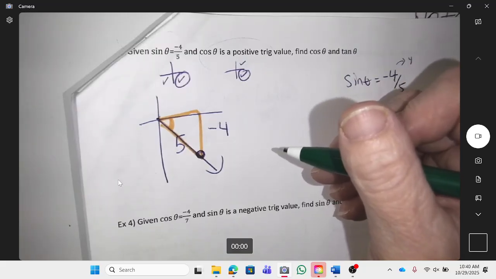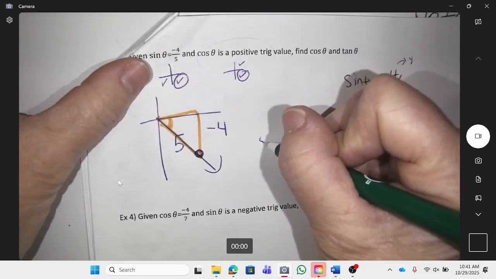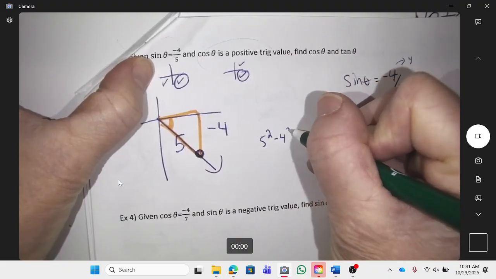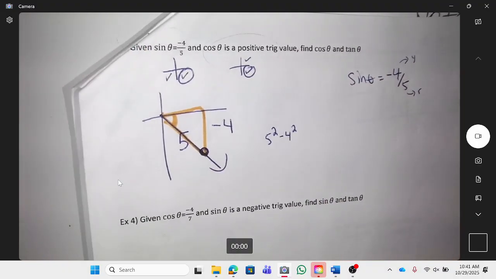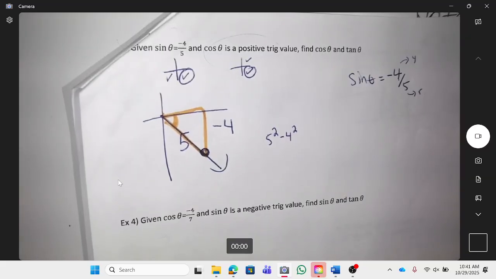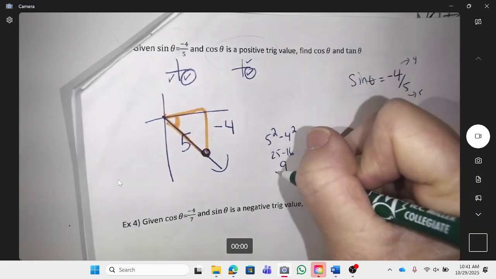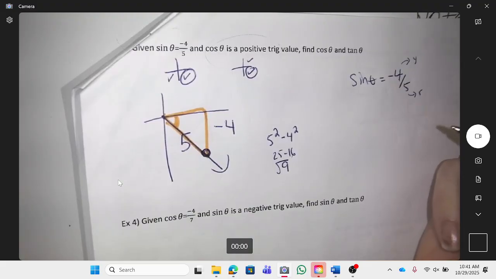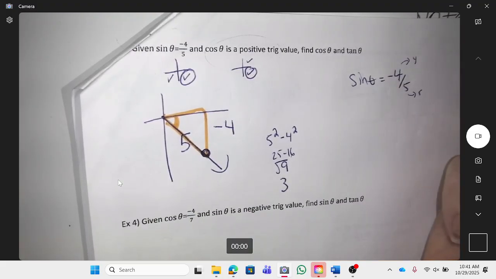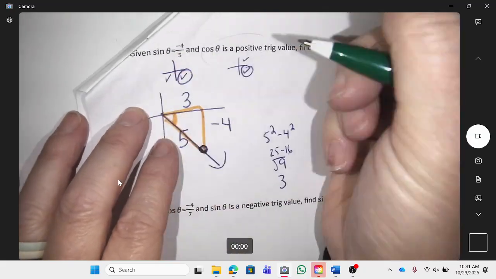A squared plus B squared, but you got to backtrack, so we got to go 5 squared subtract 4 squared. Don't even think about -4. Just distance 5, distance 4. So 25 subtract 16 is 9. Is that nice square rootable? 3. So this wall is 3.